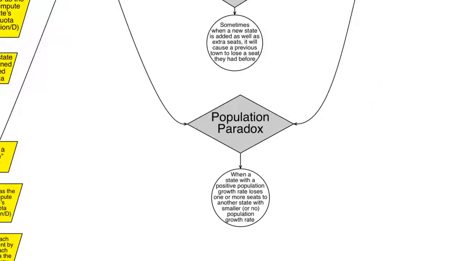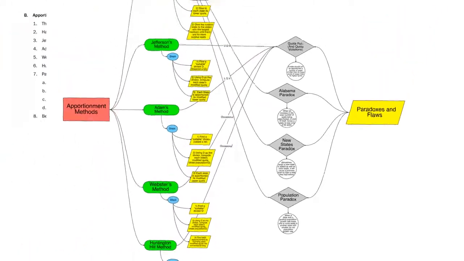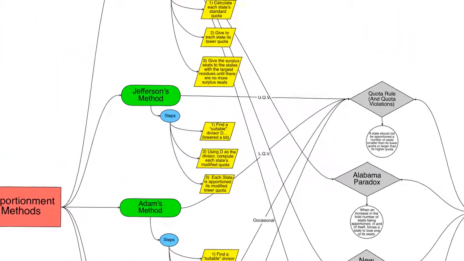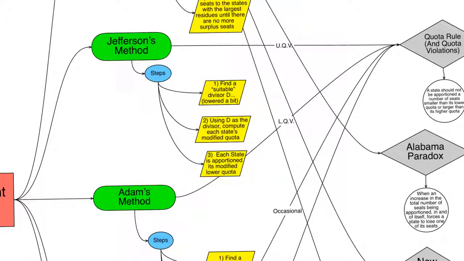And looking at the next method, which is Jefferson's method, as a quick review, the steps are to find a suitable divisor D, lower it a bit, use D as the divisor, and compute each state's modified quota. And the third step is to apportion to each state its modified lower quota.